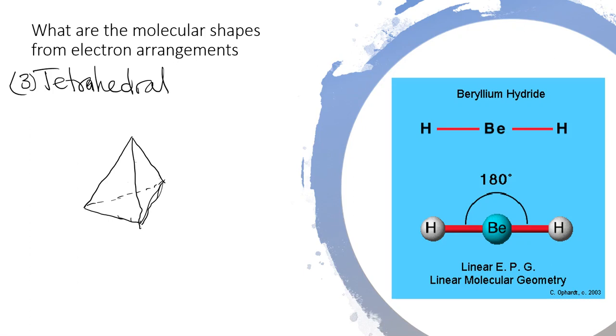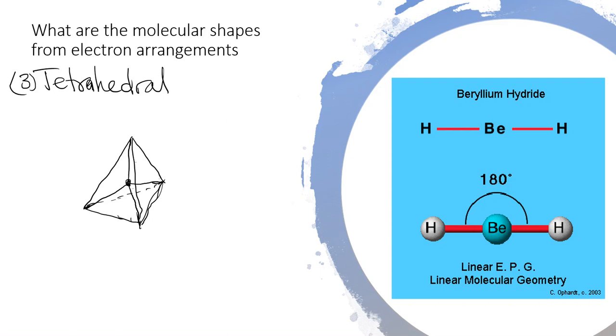We put the central atom inside the tetrahedron, at the center of the tetrahedron. And then from there, a chemical bond comes from this side to this end of the pyramid. Another chemical bond comes from this side to this end of the pyramid. A third chemical bond goes to this end, and a fourth chemical bond goes to this end of the pyramid.